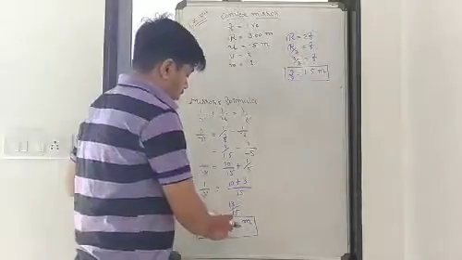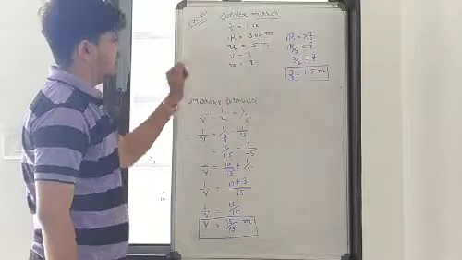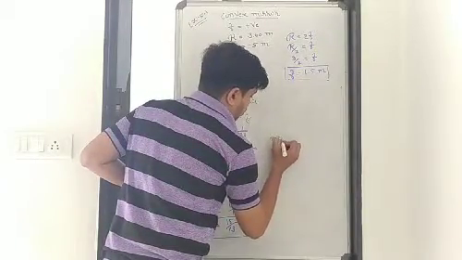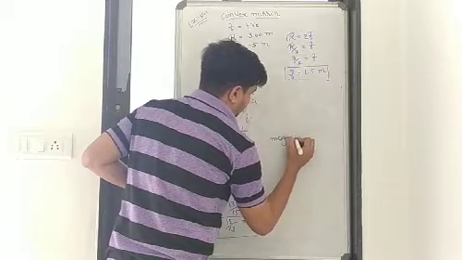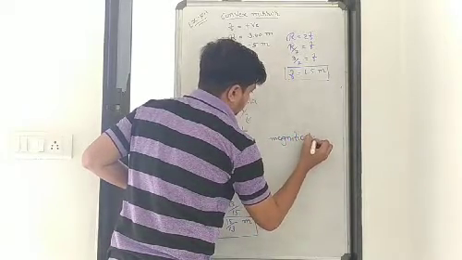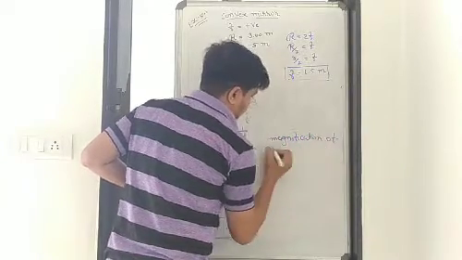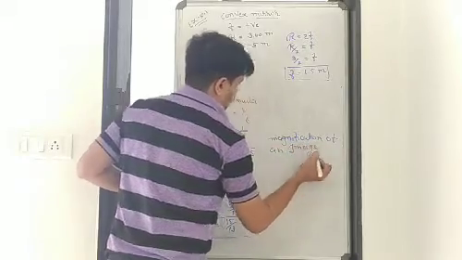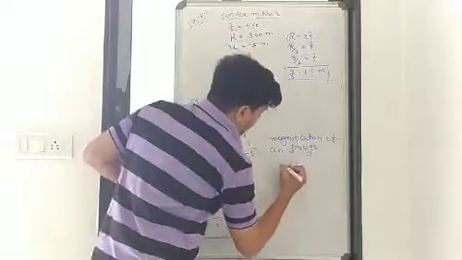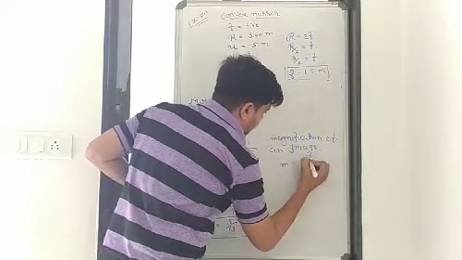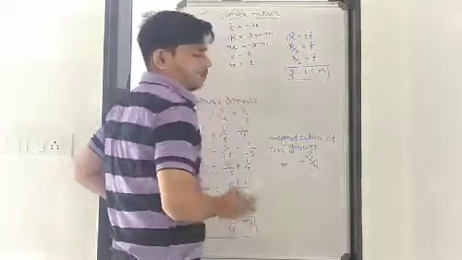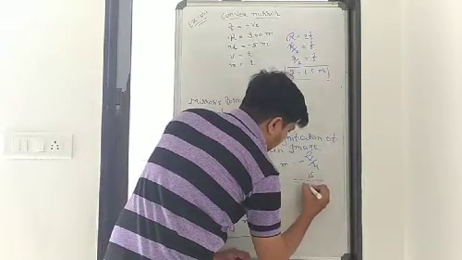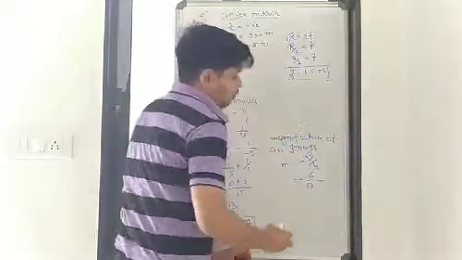Now, with the help of this V, you can find M, with the equation of magnification of an image. M is equal to minus V upon U. So the minus V is 15 by 13, and what is U?